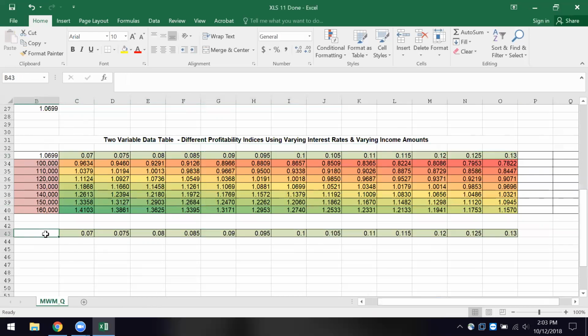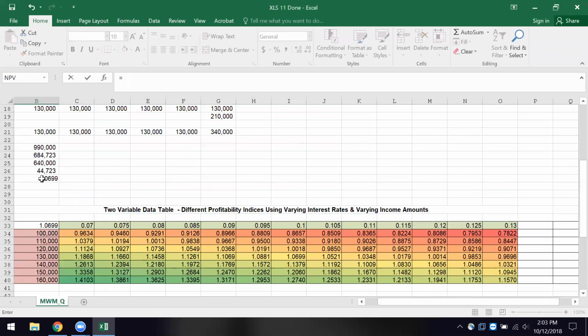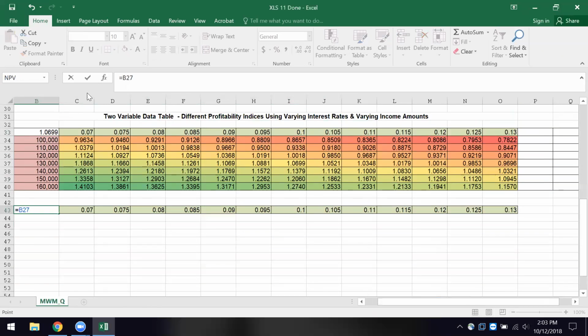Okay. Now here I'm going to equal B27. All right. And then I'm going to copy these figures here. And these are the annual incomes. And they're increments of $10,000 up to $160,000. Well, I need to copy those first.